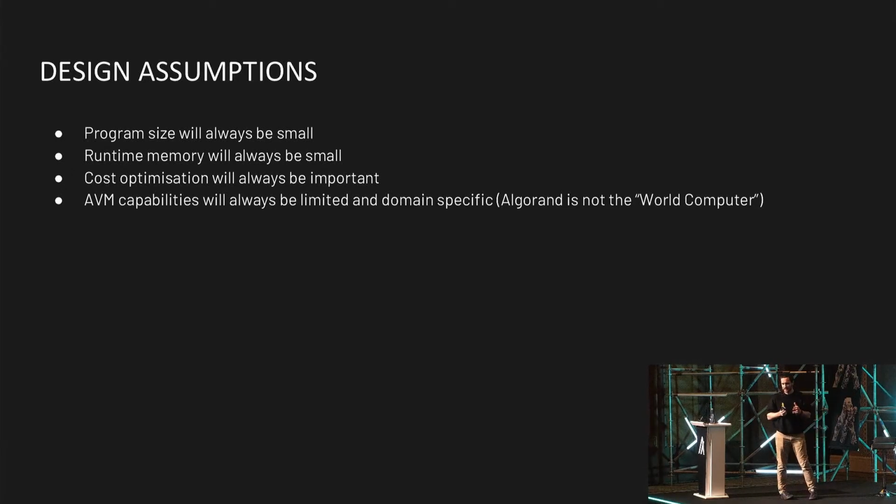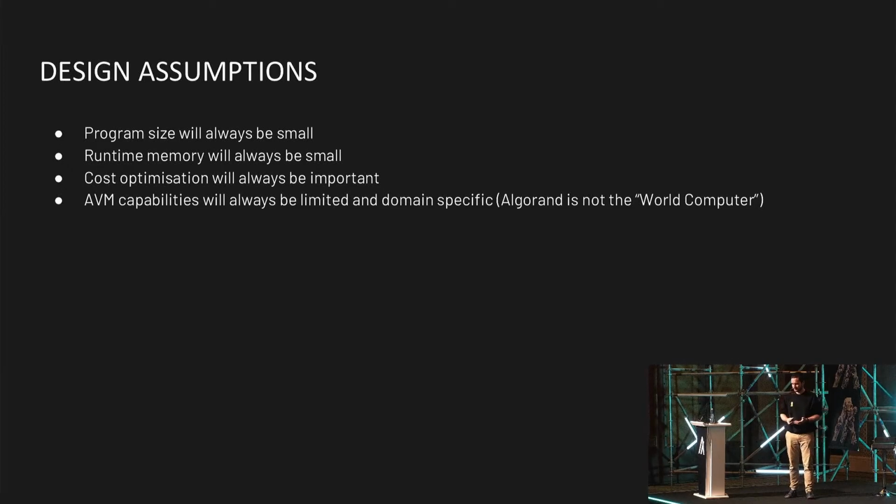The runtime memory constraints are always going to be small. So cost optimization is always going to be important. And we assume that the AVM capabilities will always be limited and very domain specific. Algorand does not try to be the world computer. It has a very specific domain, and the AVM has very, very specific opcodes.